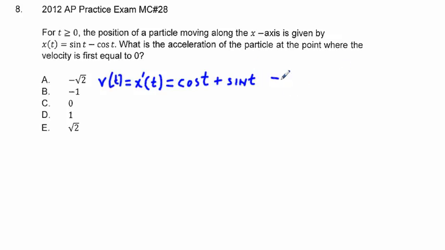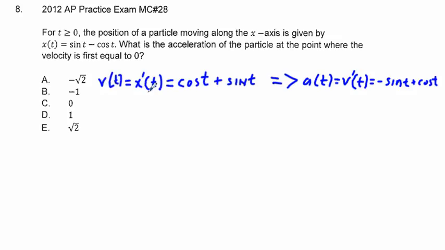And we're going to need this later, so a of t is equal to v prime of t, which is equal to the derivative of cosine t, which is negative sine t, and the derivative of sine t, which is cosine t.